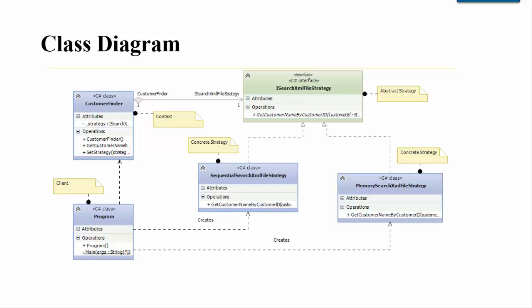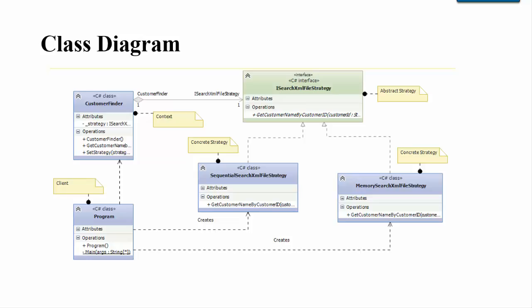On the right hand top, we have the abstract strategy, which is iSearch XML file strategy, which is implemented by two concrete strategies on the right hand bottom: the sequential search XML file strategy that reads the XML file line by line, and memory search XML file strategy, which uses XML document to load the entire XML file into memory and then perform searches.